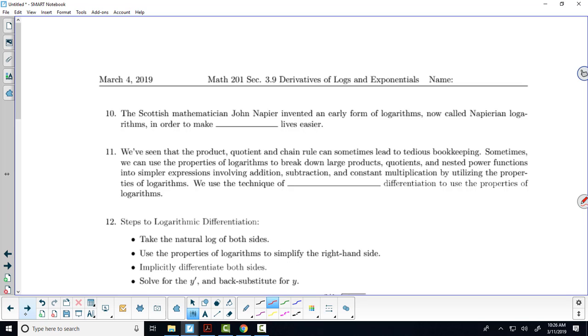Did you guys watch your video? Yes. The Scottish mathematician John Napier invented an early form of logarithms that we now call Napierian logarithms in order to make whose lives easier? Yeah, to make sailors' lives easier. What's the issue? You could teach a sailor to add, you can't teach him to multiply.